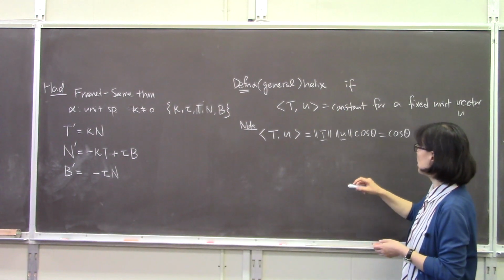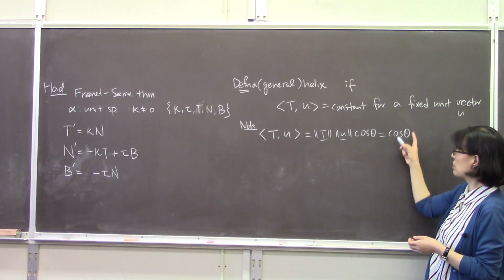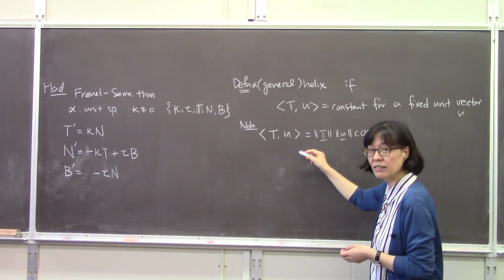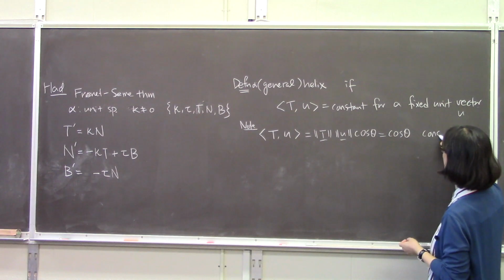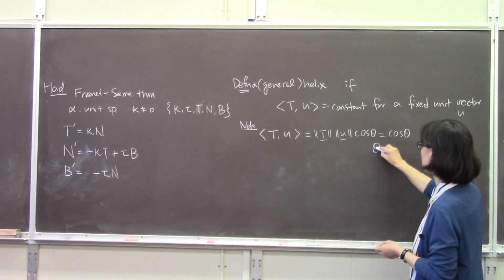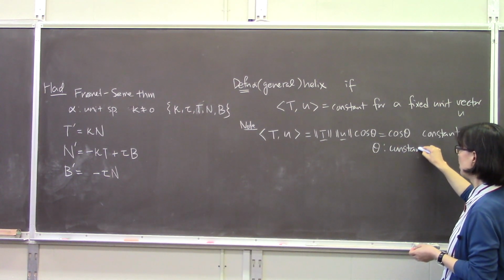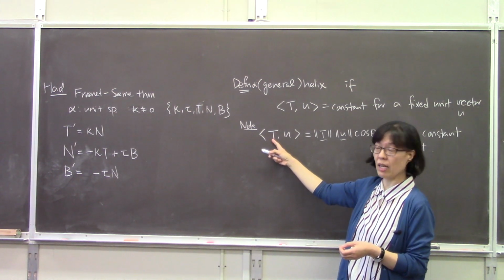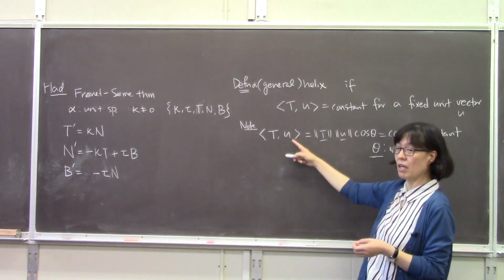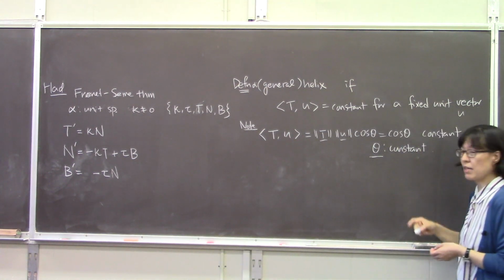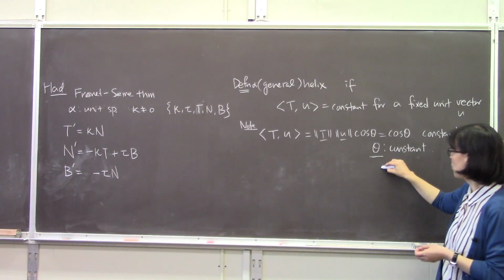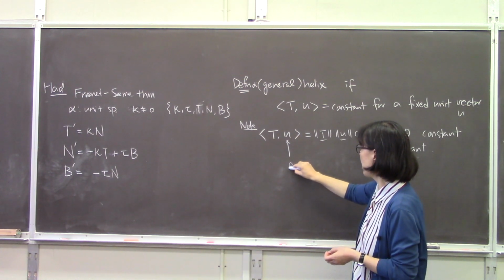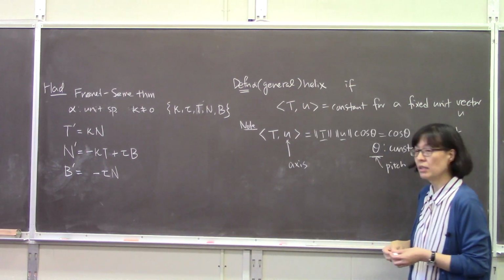So this constant means theta is constant, the angle. So that means the angle between the unit tangent vector and that fixed constant vector is constant. Okay, so we call this a helix, and that U is the axis of this helix.